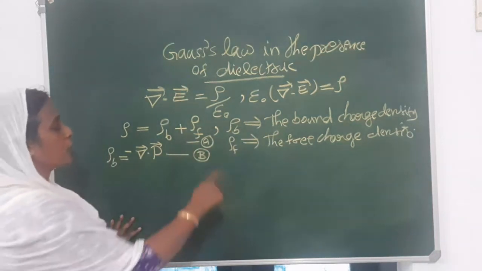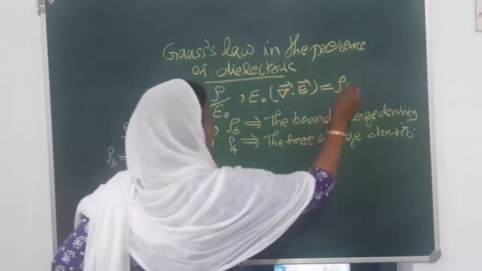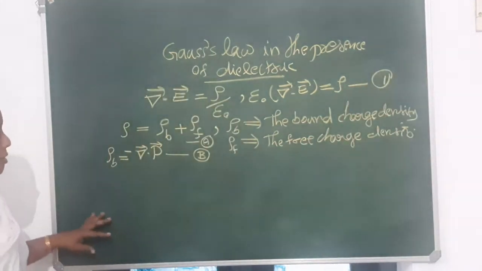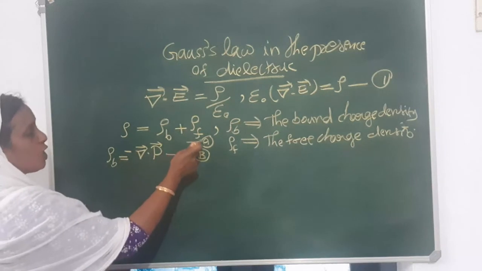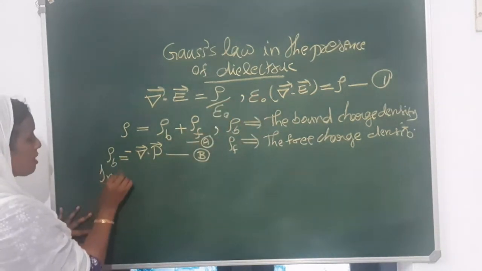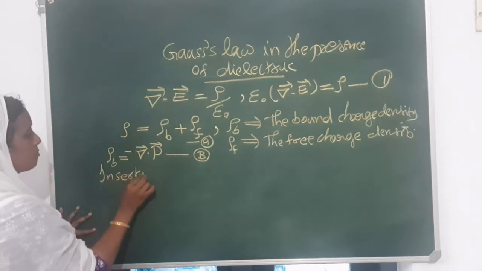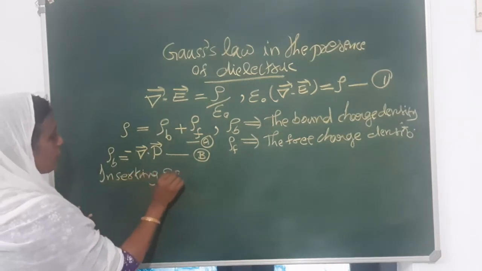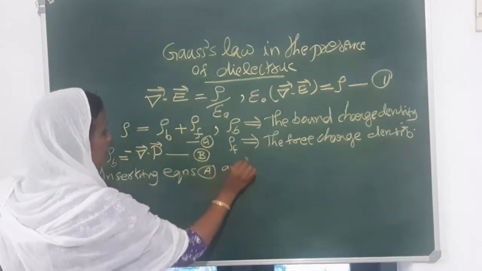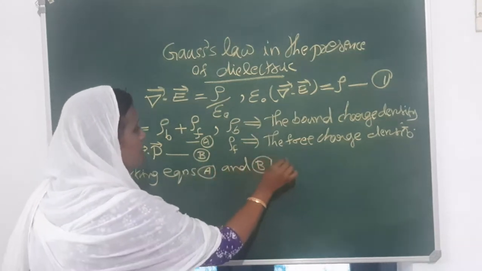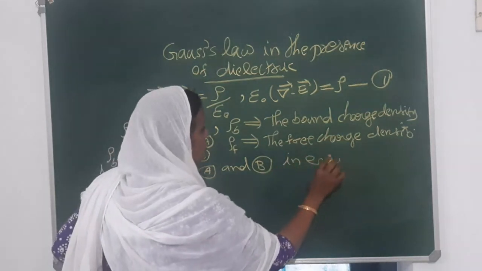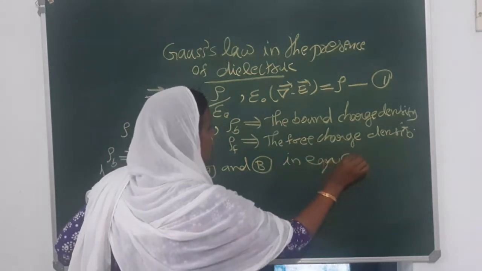Substituting A and B in this equation for Gauss law. So inserting equations A and B in equation 1.